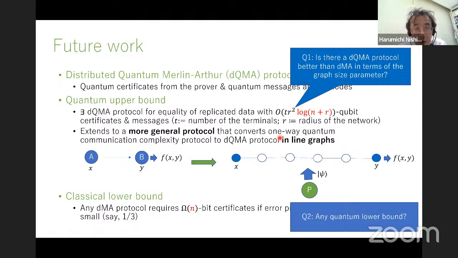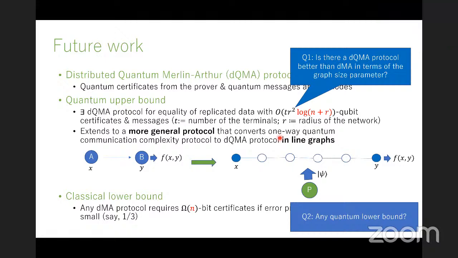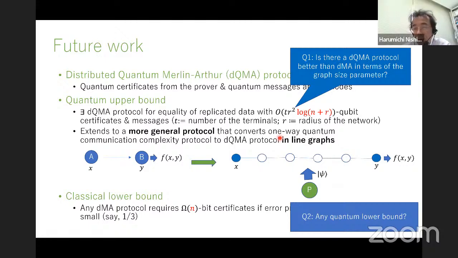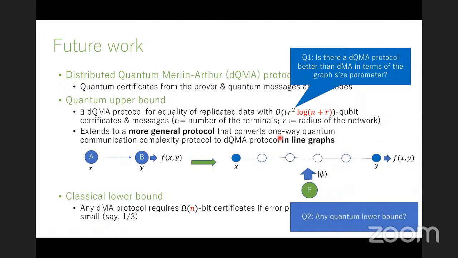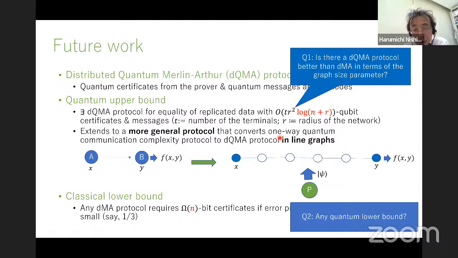So one prover and only two verifiers, which means just two nodes, and maybe the two nodes are connected. Yes, this case is much simpler, and maybe almost trivial.